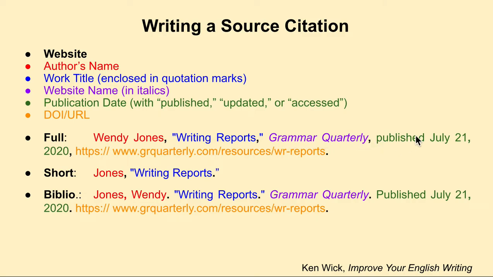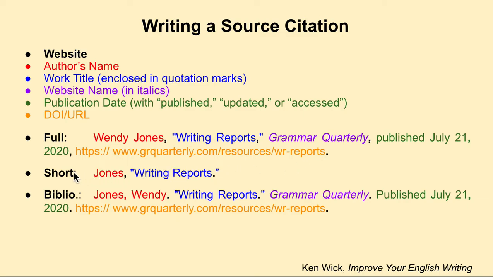Then you have the date it was published, just July 21st, 2020. This could say updated. If the article had no publication date, you'd use the word accessed right here. And then you put a comma, then the actual URL, and you end it with a period. So that's a full citation.